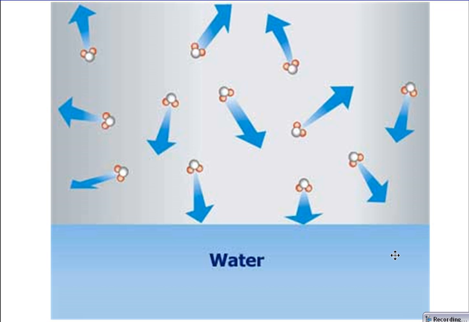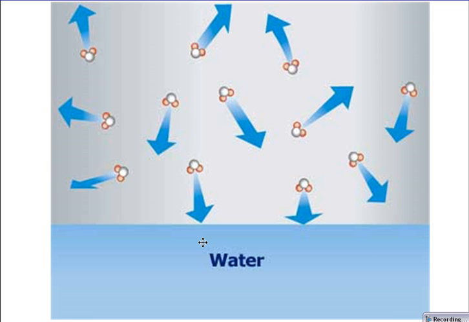The molecules at the surface can absorb sufficient energy to turn into a vapor. And those molecules that escape into being a vapor are going to exert a pressure upon the surface of whatever they came from. This pressure that they exert upon the surface is called vapor pressure.